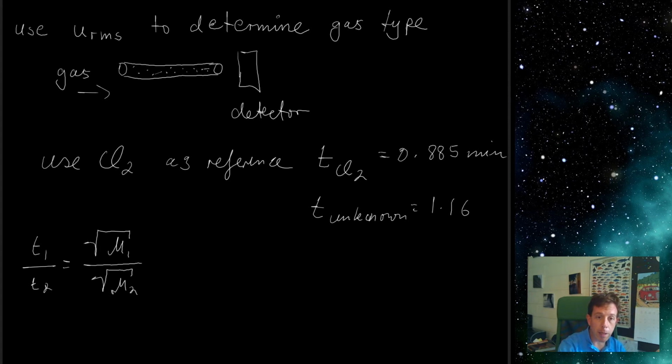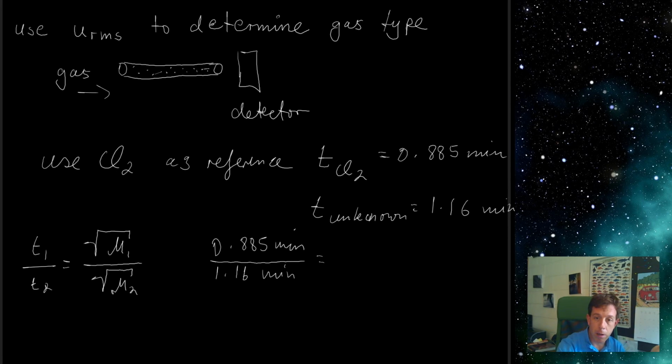In this case, we can rearrange this to make those two equal, so 0.885 minutes over 1.16 minutes equals the square root of the molar mass of chlorine, which is 70.9.